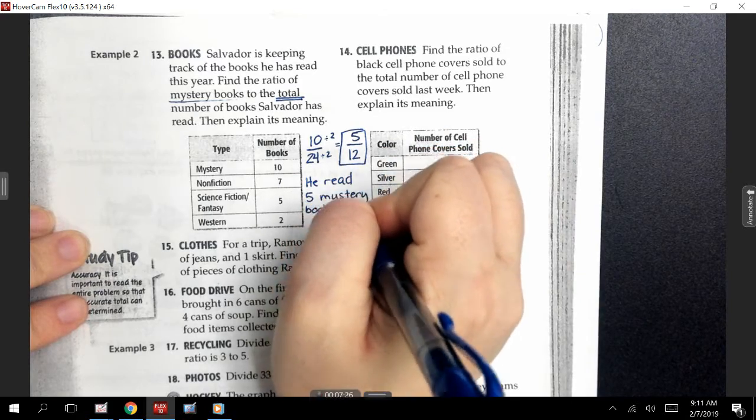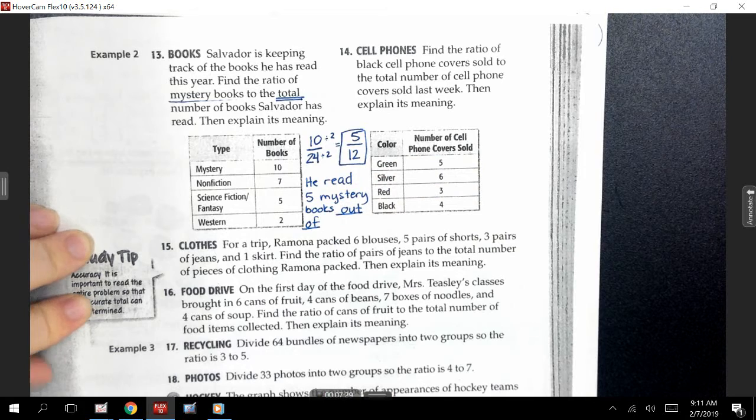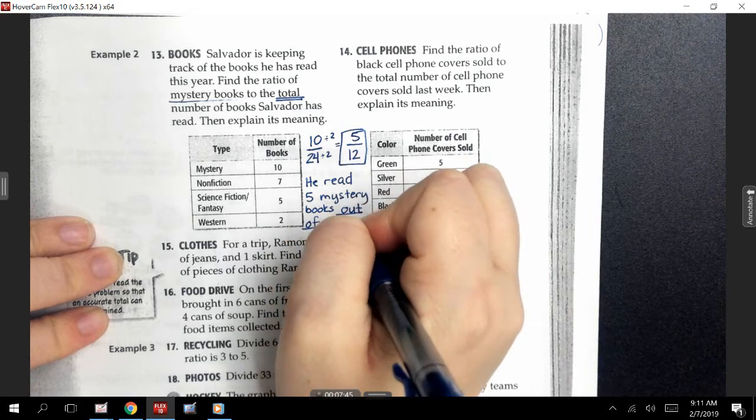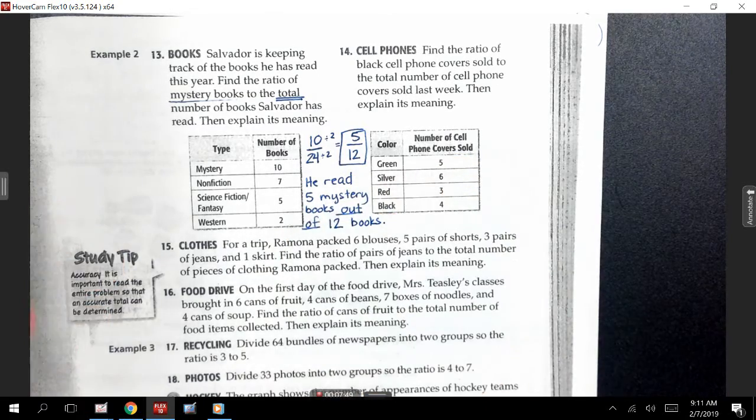That's that "out of" that we were just talking about. Out of. Out of what? What's on the bottom? Tanner? Not all the other books. What's on the bottom, Danielle? 12. 12 what? Books. Are those 12 one certain type? No, so it's just 12 books.